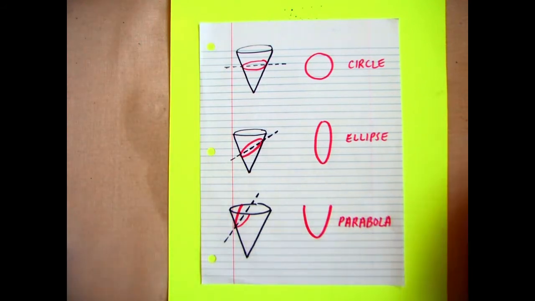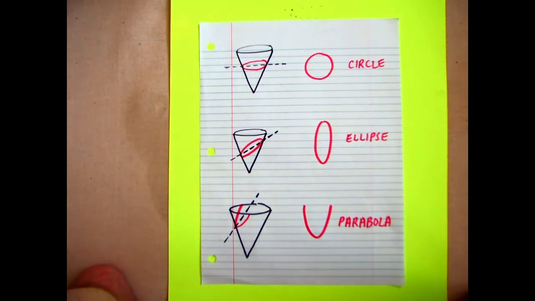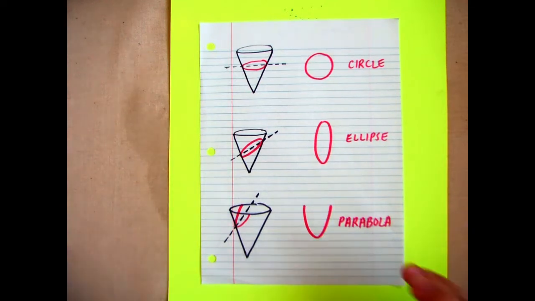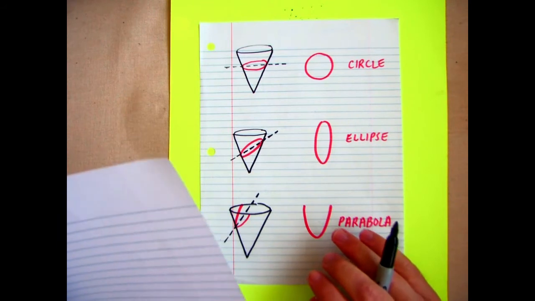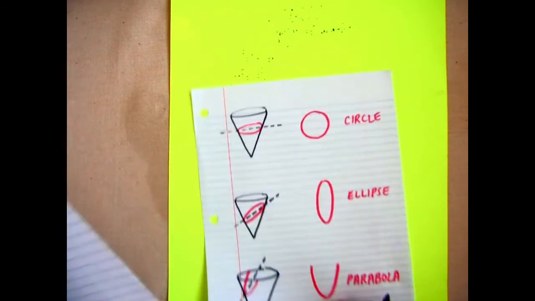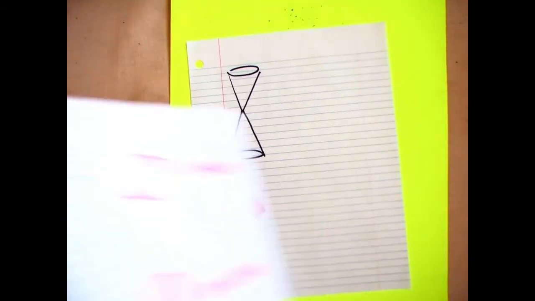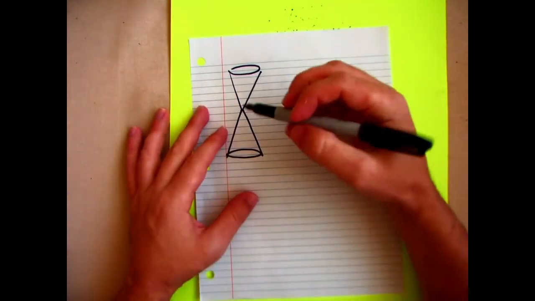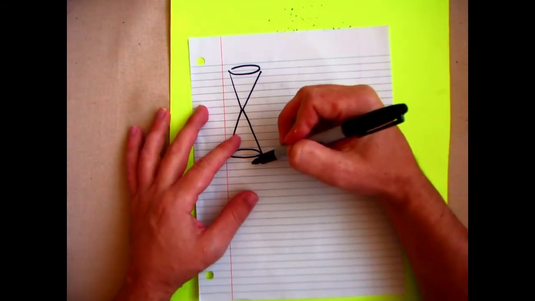So the last one is the hyperbola. Can you imagine how we can make a hyperbola with a cone? Kind of tricky. The cut we would need to make is actually through two cones. We're going to place them in this kind of hourglass shape.